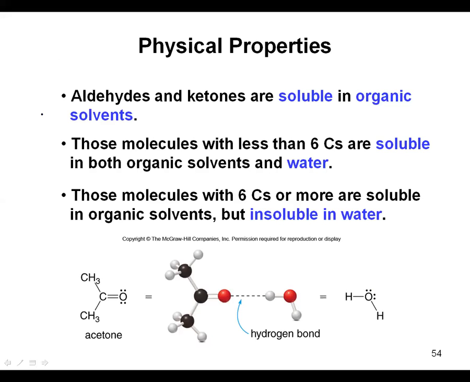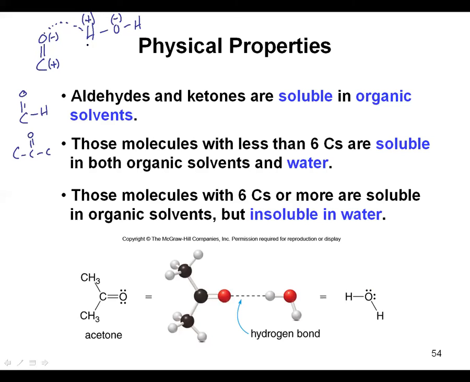Although they themselves cannot hydrogen bond, because they contain this group here, both the aldehyde and the ketone, when something like water does come along, which is also polar, it is able to hydrogen bond with water.